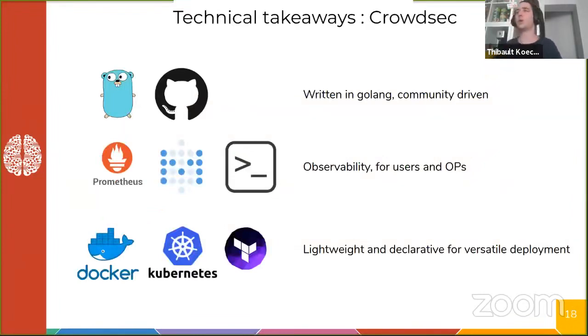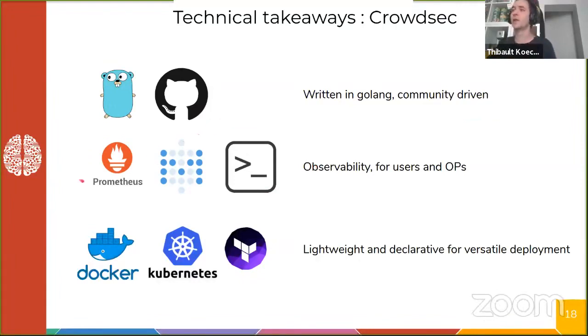So, a few takeaways to sum up the CrowdSec technology: it's written in Golang. The idea is both community and portability, because we intend to target Windows environments as well, where there are sometimes not many open source and free possibilities in terms of defensive security. It has been intended for observability: everybody hates black boxes, especially in defensive security.